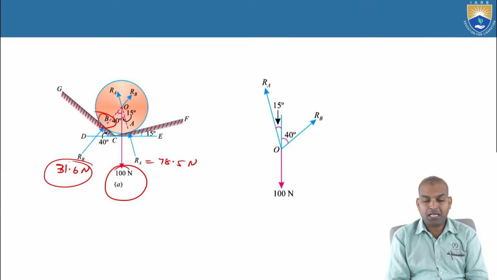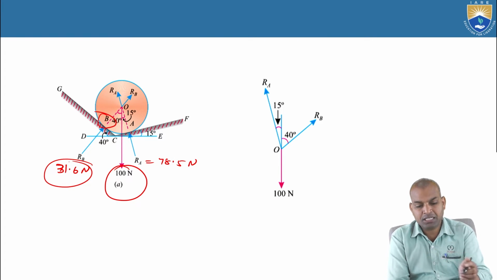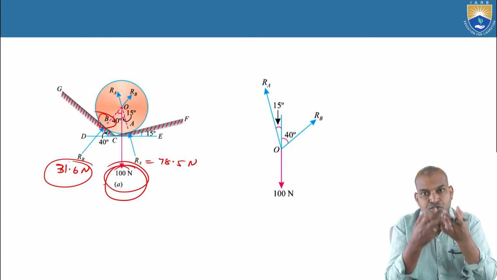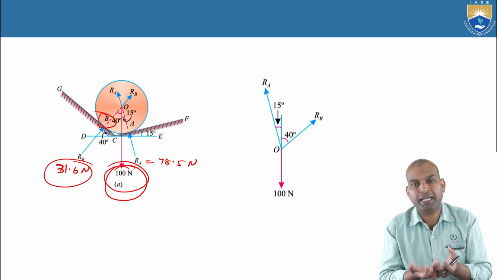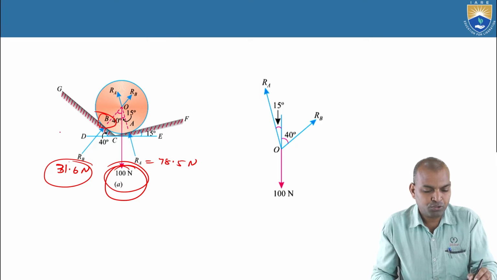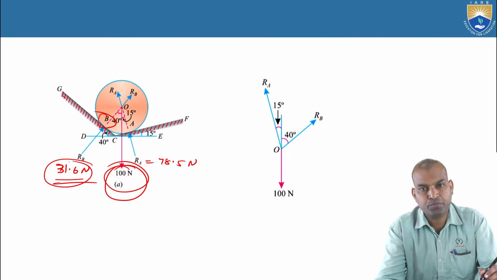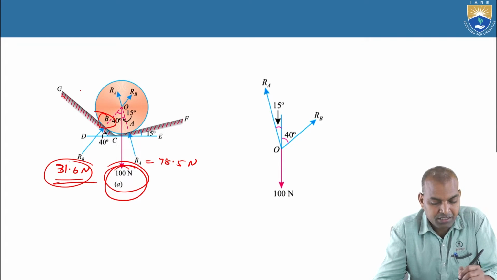Now the point is, what is the weight of the cylinder? The weight of the cylinder is 100 newtons. This 100 newtons weight is being shared by two planes, the GC plane and the CF plane. One experiences 31.6 newtons, and here it is 78.5 newtons.